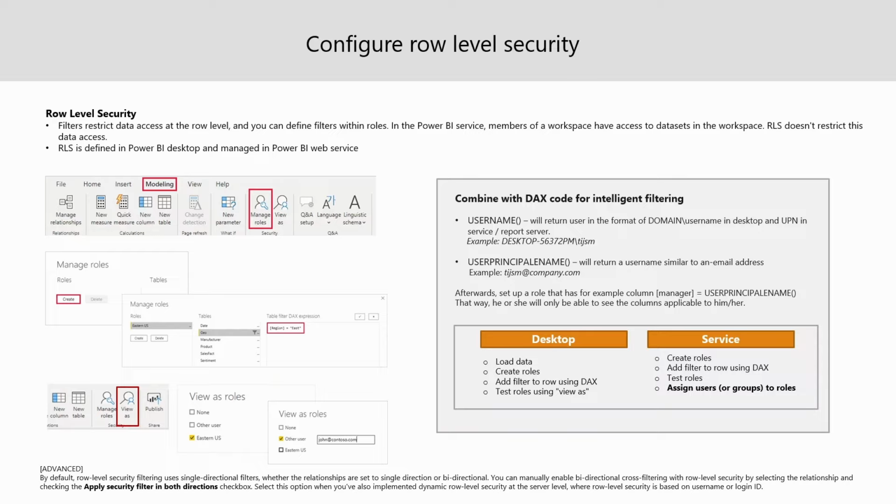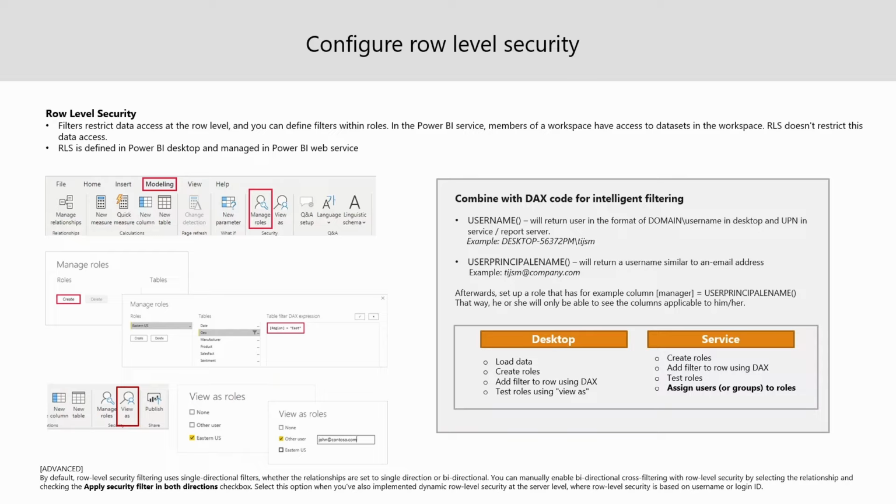These are USERNAME and USERPRINCIPALNAME. This way we can select the username of someone who is logging in, and then the data will only be shown if a certain value is met with that username in the column that you specify.